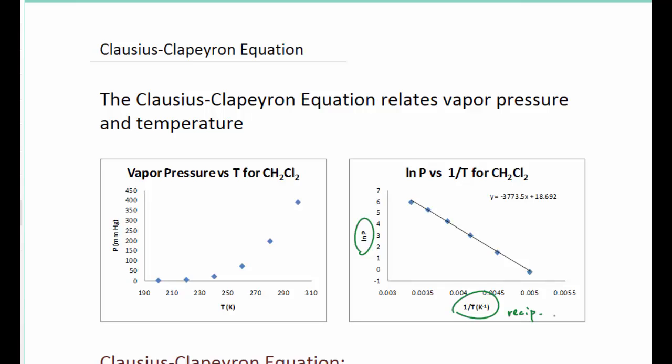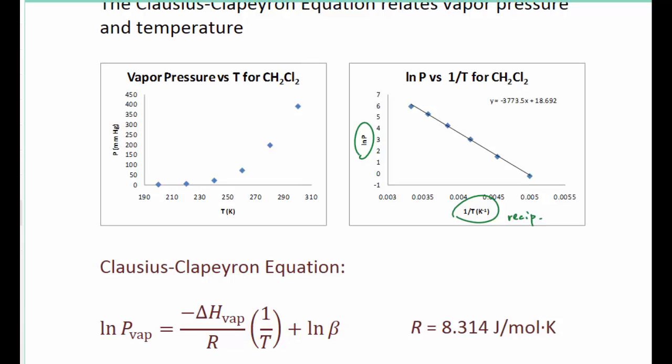That's the reciprocal. We now have a linear relationship, so the equation for that linear trend line allows us to pretty conveniently solve problems and get some information like that.